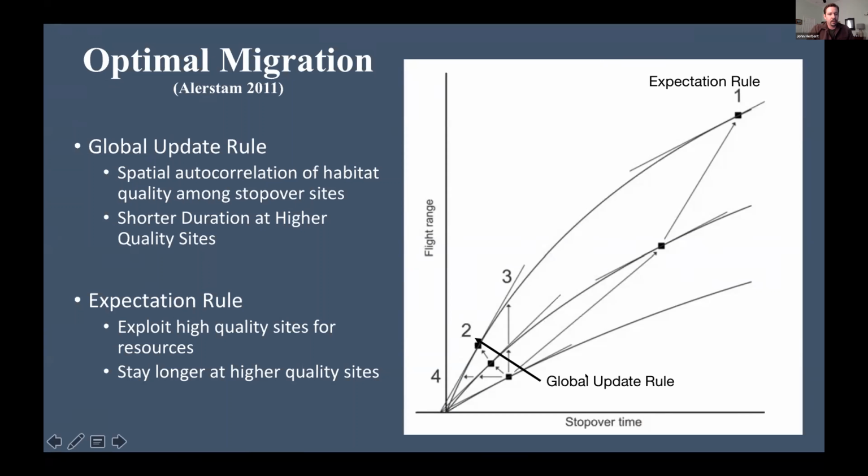Birds will stay shorter at high quality sites because they're expecting similar habitat quality throughout their migratory route. And then the expectation rule, up here, number one, they're going to exploit these high quality sites for the resources. They're going to stay longer at the high quality sites because of unreliable or unexpected habitat quality along the route. So these are two rules in the optimal migration theory that we're testing here in this study.